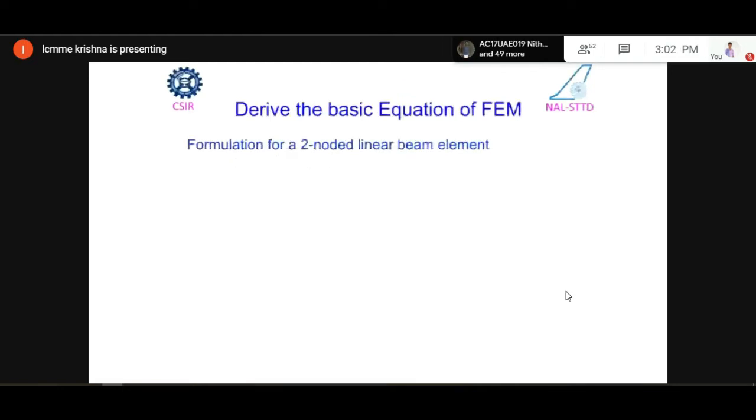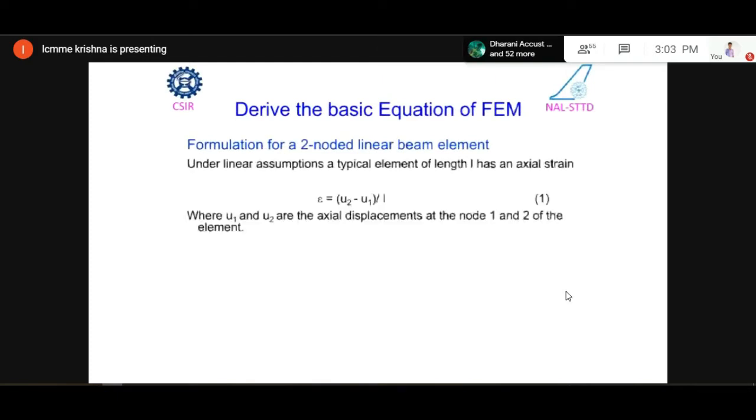Now coming to the basics: what is the finite element method, and how does the formulation take place. We'll show you the basic equation, that is Ku equal to F. To derive the strain, with the linear assumption of a typical element, the axial strain is the change in length divided by the original length.